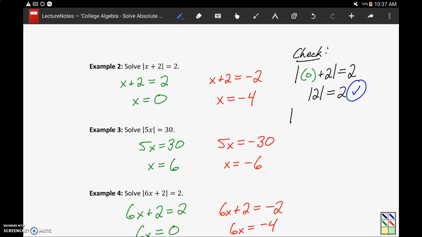Similarly, we can substitute in negative 4, and then evaluate to get the absolute value of negative 2 is equal to positive 2, which is also true. So both of our solutions are valid, which means we have the correct answer for that problem.